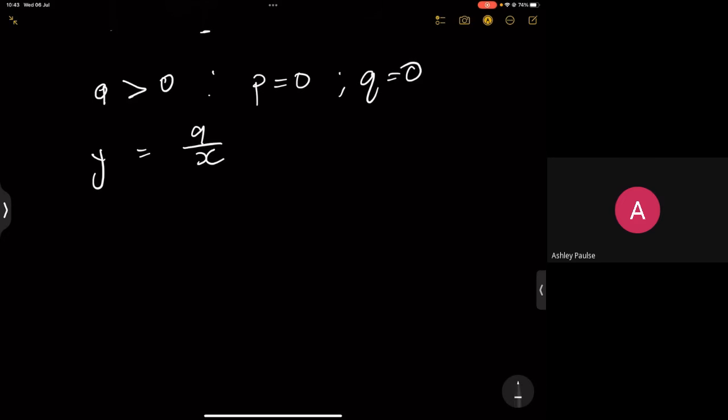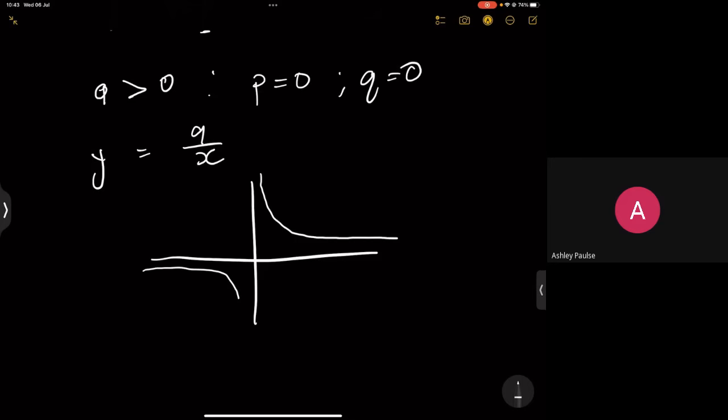So when our value for a is greater than 0, it means this is a hyperbola that will be in the first quadrant, and another one in the third quadrant, because you've got positive and positive values, and here you've got negative and negative values.